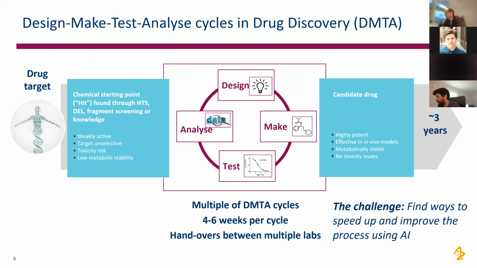So we want it highly potent, and it should be effective. It should have the right stability, and we should have no fear of any toxicity issues. And then we can say, okay, now it's time to move it to development and take an investment decision to actually turn it into a drug. So our challenge in my department is to find ways that we can speed up and improve this process using AI.